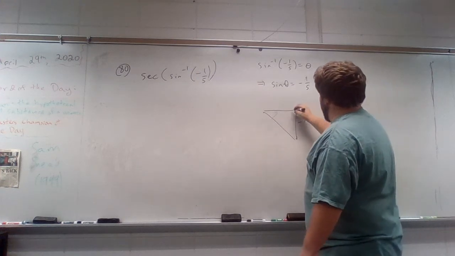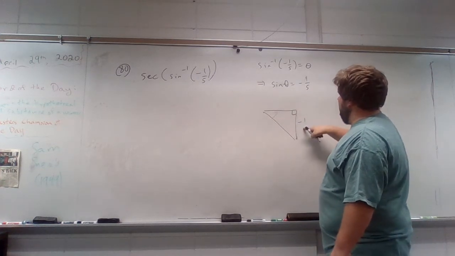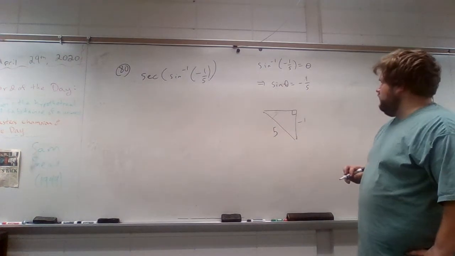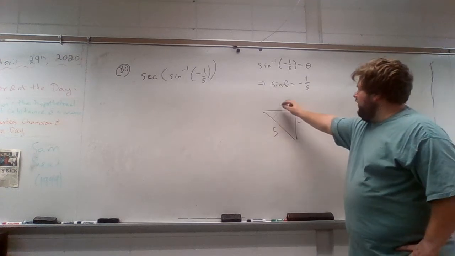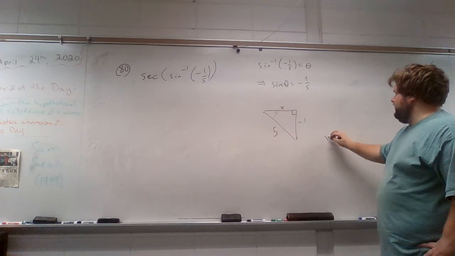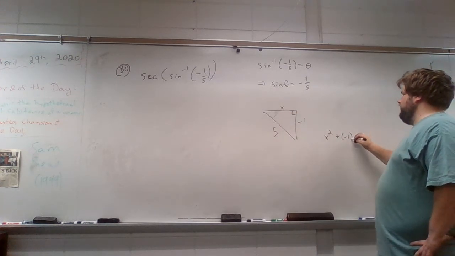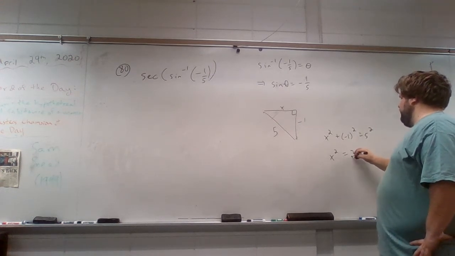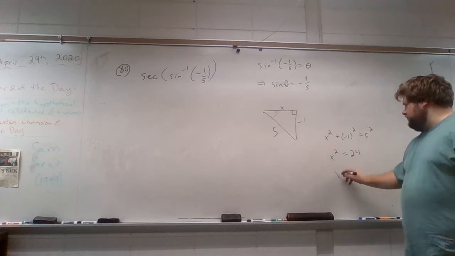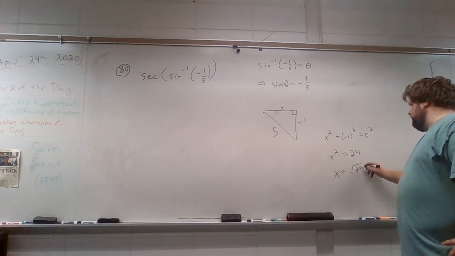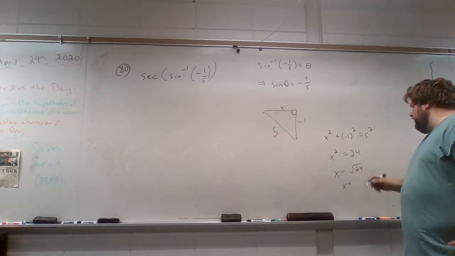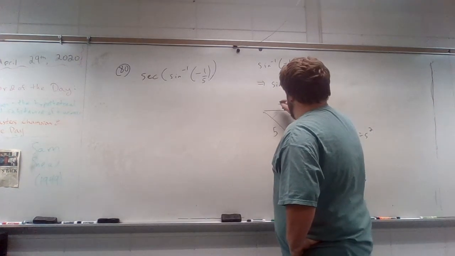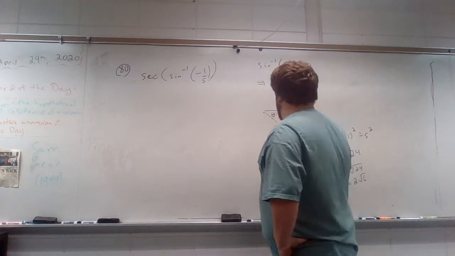So I want to think about the y value as being negative, and this as being 5. Okay? And then I go through and find my x value. So I've got x squared plus negative 1 squared is equal to 5 squared. X squared is equal to 24, and I take the square root of that. So that should give me a square root of, see, 4 times 6, that's 2 root 6, right? And that was my angle theta.